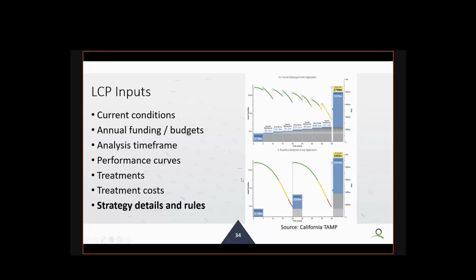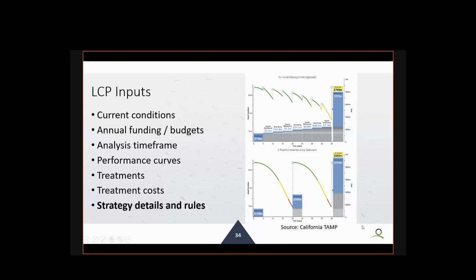And if one has deteriorated, you'd just be able to catch that one up and send it back closer to the beginning of its life cycle. That's not always possible, and this is where it gets really complicated. But each agency has to develop these strategy details and rules.